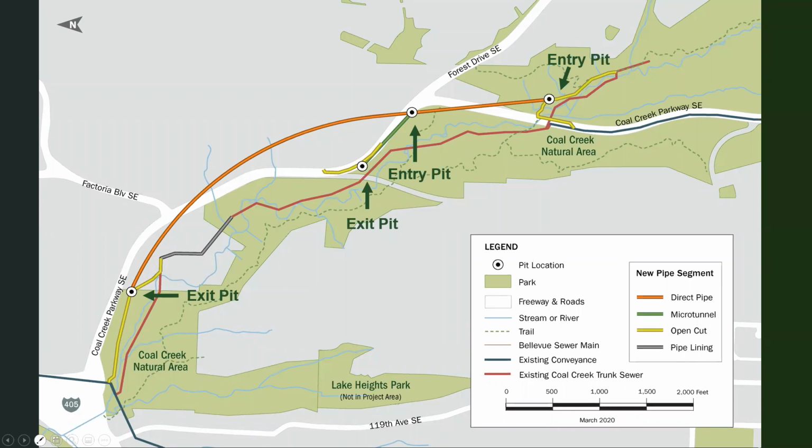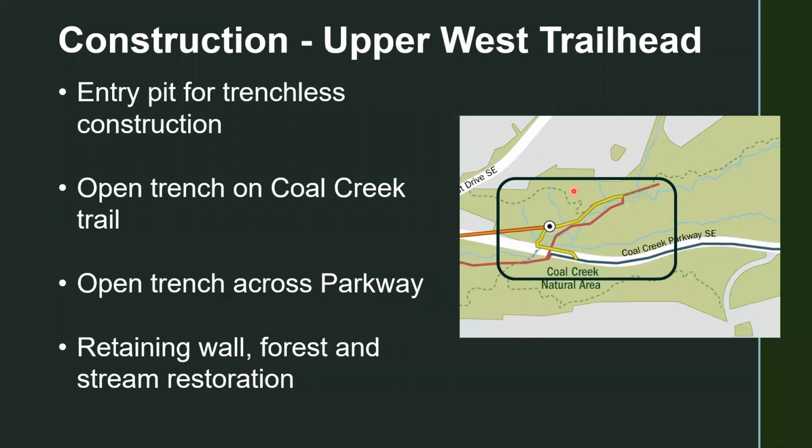You see the exit pit for our trenchless installation about here, entry and exit pits for another trenchless section of the project right here, and then the main entry pit right here. I'm going to walk through the basics of the activities that we are going to be doing in each of these areas, starting at the upper end of the project by the Upper West Trailhead.